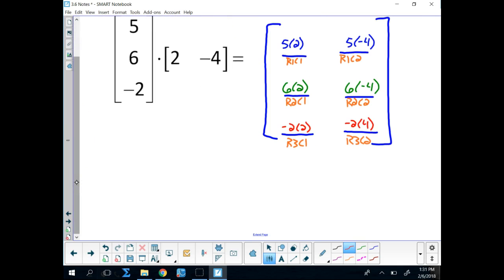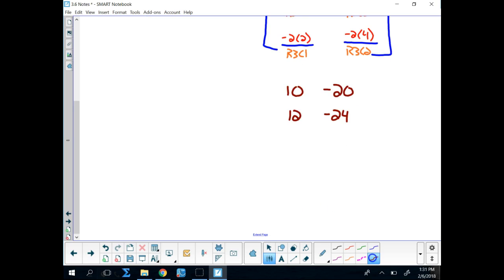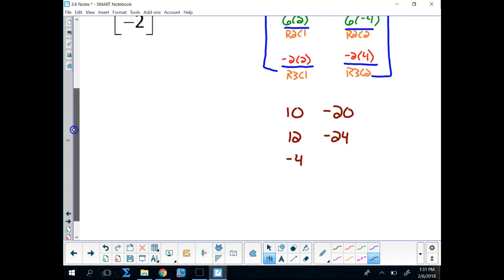5 times 2 is 10. 5 times negative 4 is negative 20. 6 times 2 is 12. 6 times negative 4 is negative 24. Negative 2 times 2 is negative 4. Negative 2 times 4 is... It should be negative 4 there, shouldn't it?